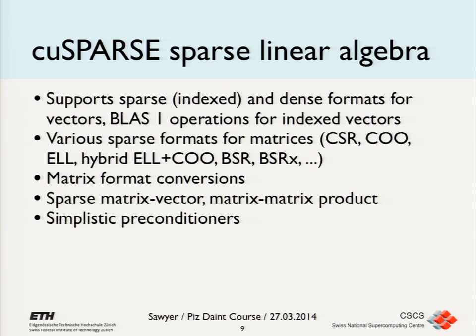That generally doesn't perform best. There are much more complicated formats which do, for example this hybrid format, which is an ELLPACK format combined with a coordinate triplet format, index and value, which performs much better. And of course, you can convert between all these formats. That's already a lot of the library, to make conversions. And then it performs sparse matrix-vector and matrix-matrix products, and has super simplistic preconditioners, which are absolutely useless for real problems.